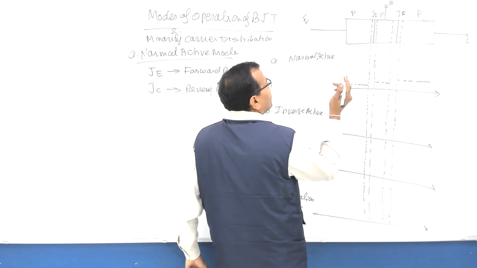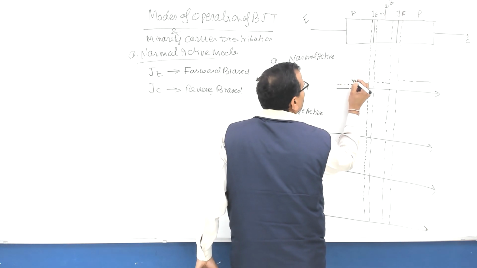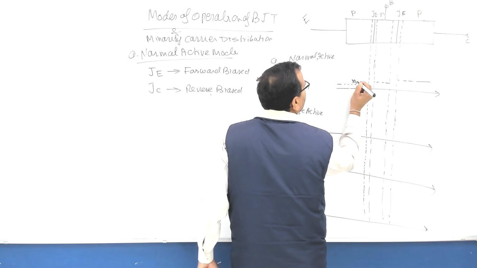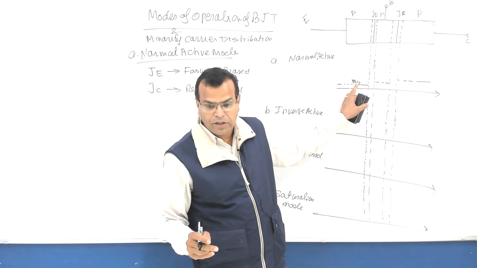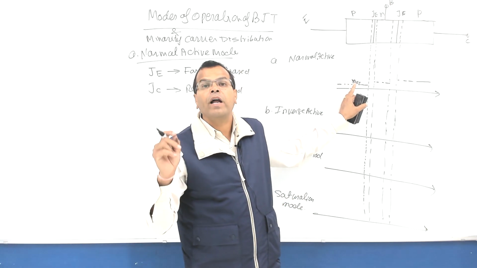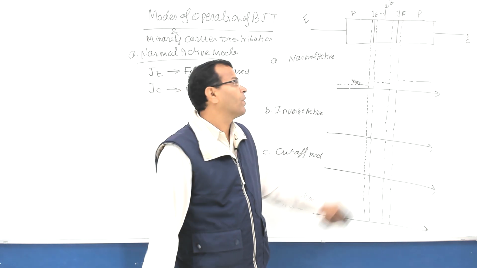On this side I have minority carriers as electrons, so the concentration of electrons on the emitter side at steady state is Ne naught. Ne naught stands for the concentration of electrons in the emitter at thermal equilibrium.